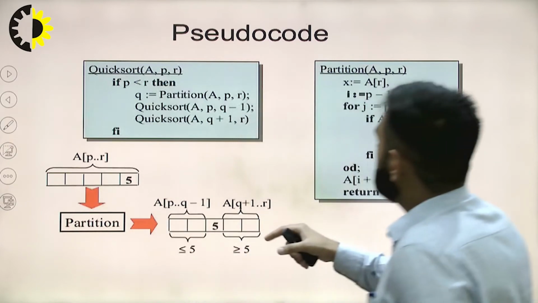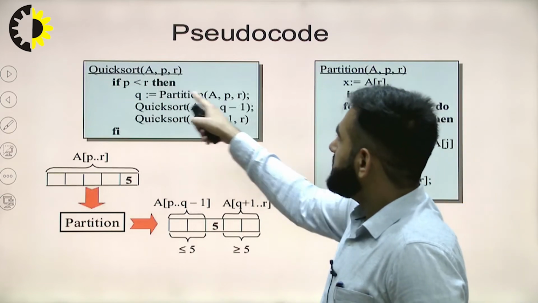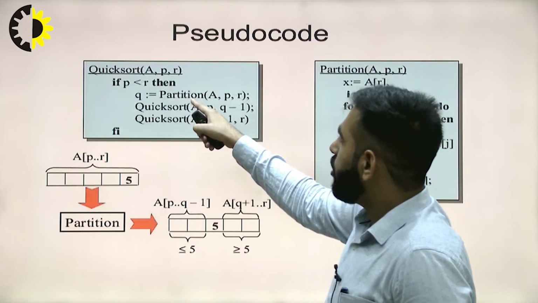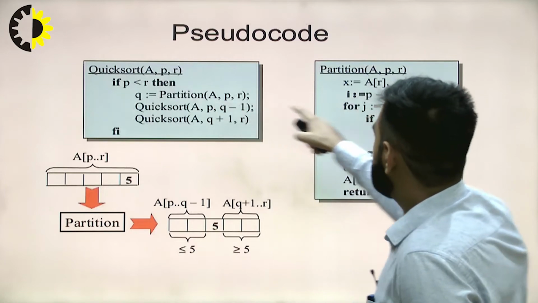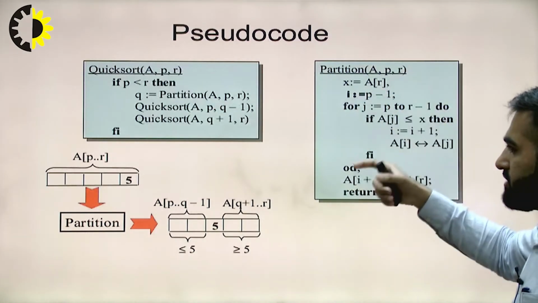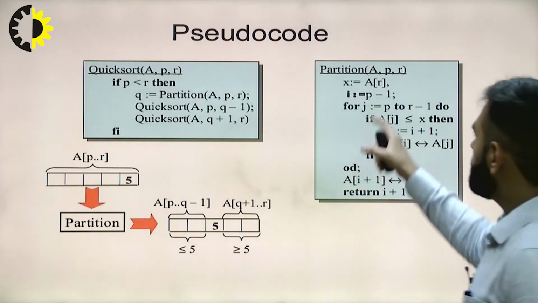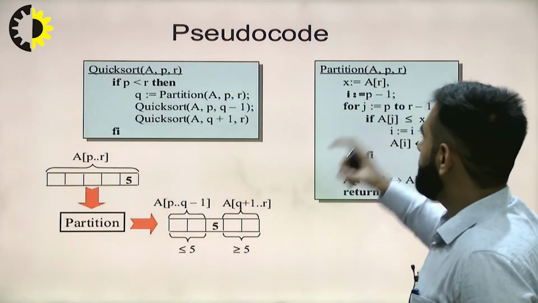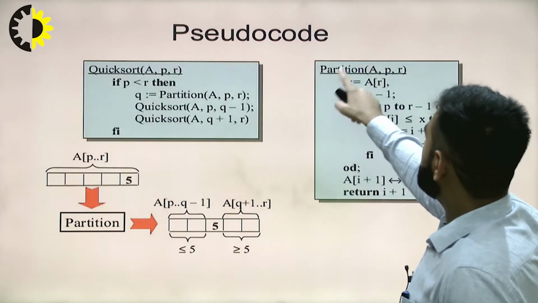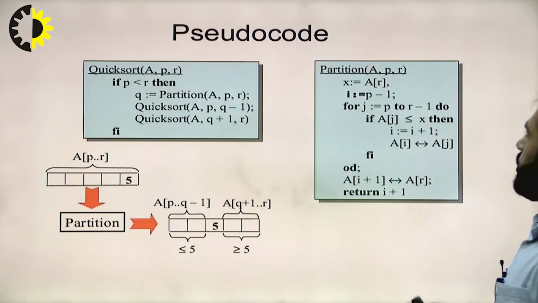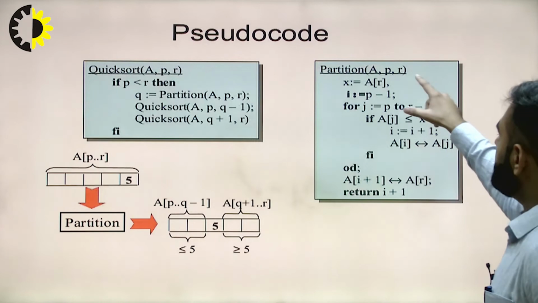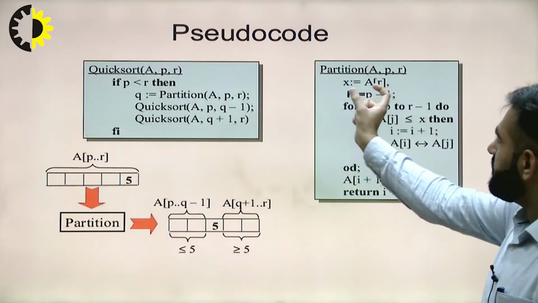Next. Now, this is the hero, partitioning. We will call a function, partitioning, which will divide the array into two parts on the basis of the pivot element. Now, the partitioning algorithm, partitioning(A, p, r), x equals A[r]. First, we will store the pivot element in the variable x.